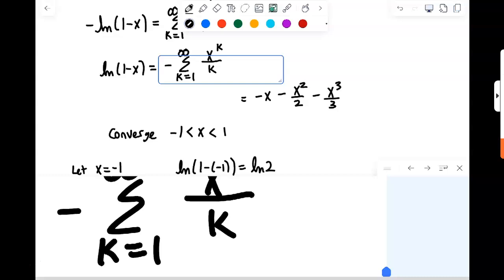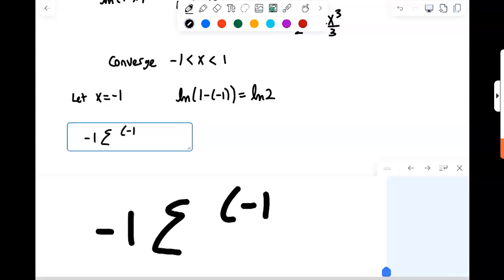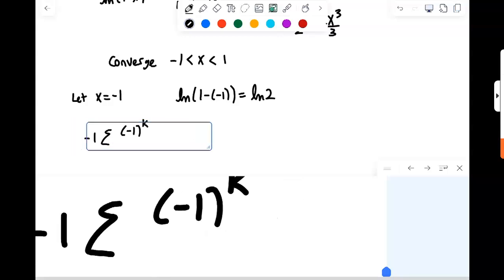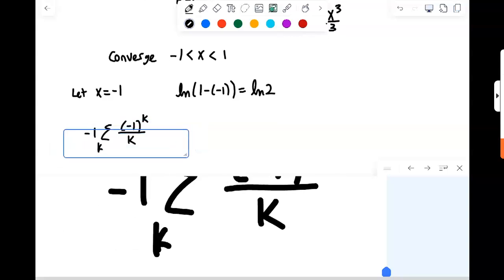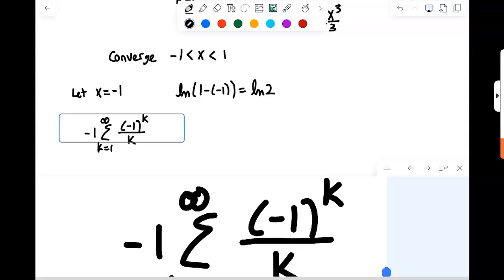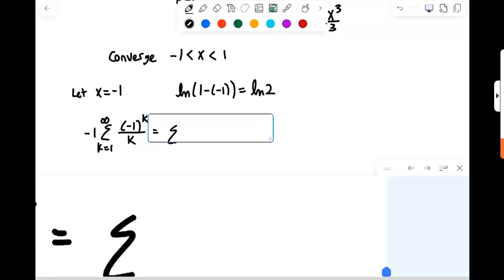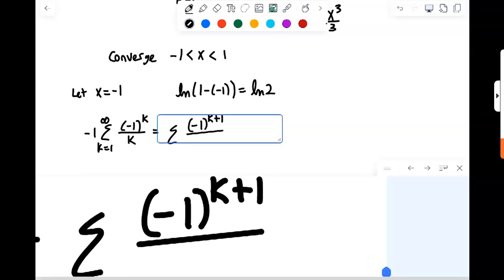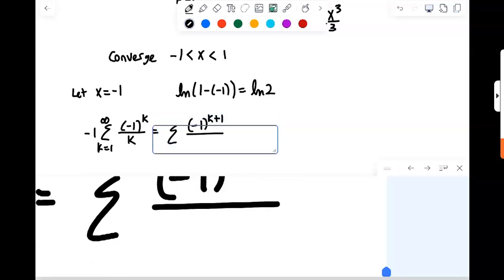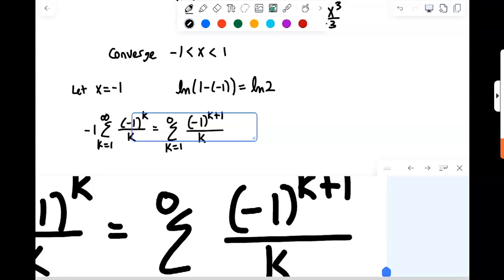On the other side, if we let x be negative 1, we would have negative 1 times the sum of minus 1 to the k over k, k goes from 1 to infinity. I can actually just absorb that minus 1 into the sum, and that would make the sum be minus 1 to the k plus 1 over k, as k goes from 1 to infinity.